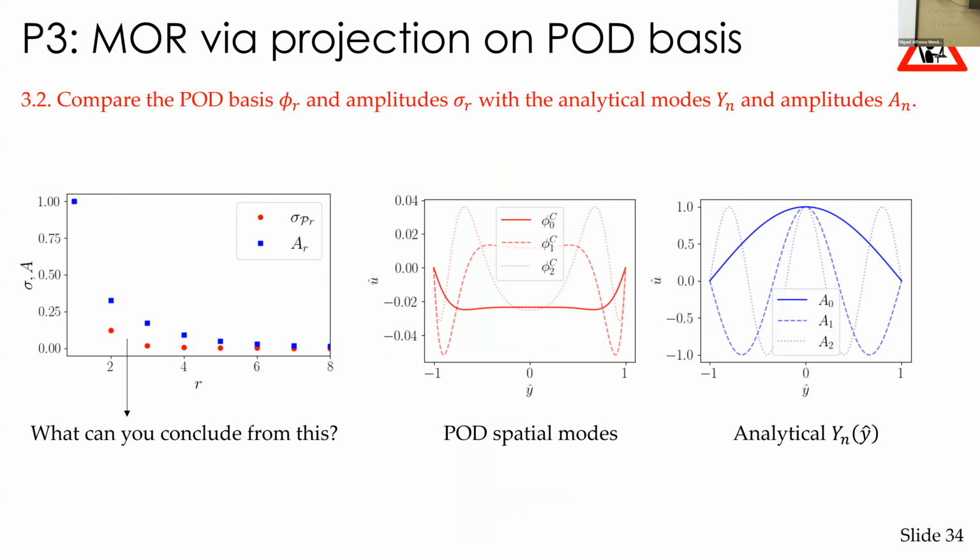If I plot here the sigmas, so the amplitude of the POD modes and the amplitude of the eigenfunction expansions, which we wrote before analytically, you see that the POD modes go faster than the normal eigenfunction expansion. Are you shocked? Me, I was a bit.